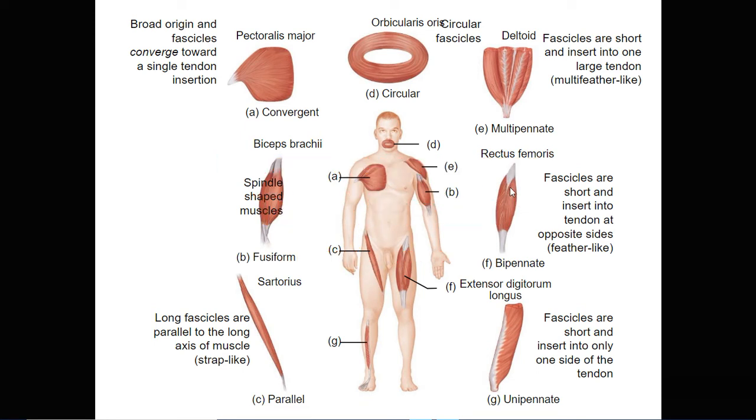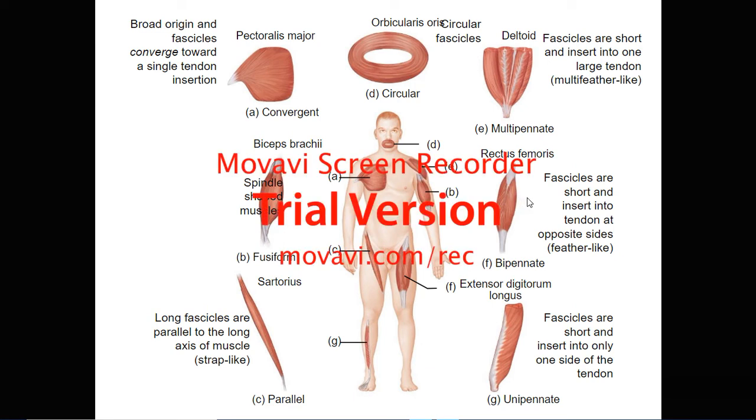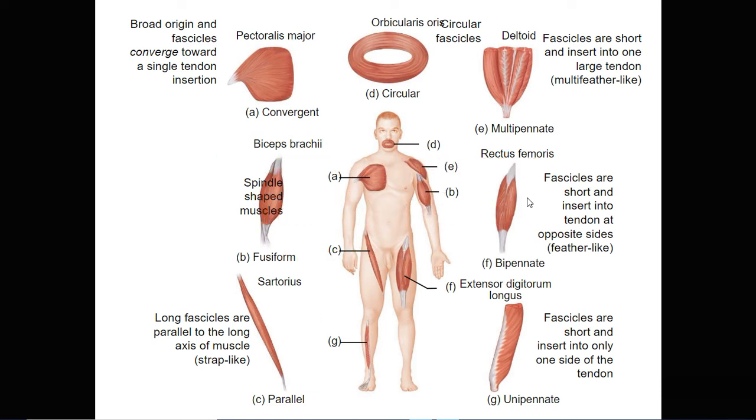They're not straight and not perpendicular. That's oblique. They attach obliquely to a central tendon that runs the length of the muscle. Pinnate muscles come in three forms: unipinnate, bipinnate, and multipinnate.